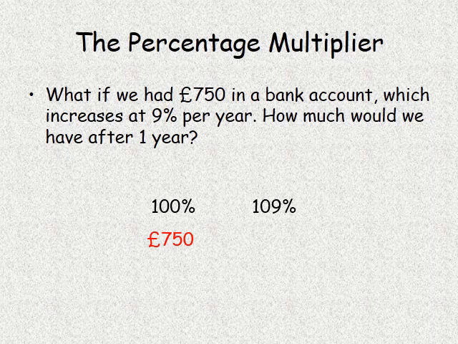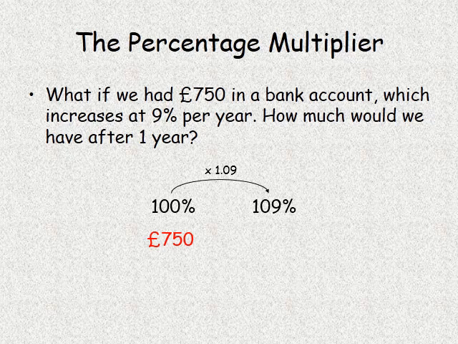We turn that into a multiplier, which of course is 1.09. 109 divided by 100 is 1.09, or if you like, we had the value of 1 to start off with. We've got 9%, which is 0.09, and we add 1 and the 0.09 to get 1.09.